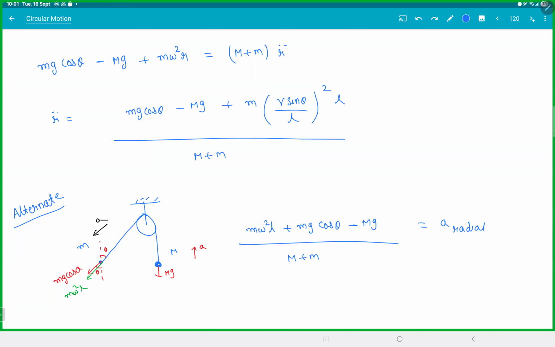So this is the net pulling force. You need not do all that stuff. You would have got the answer either way if you just wanted acceleration. Clear with this? Any doubts on the steps?